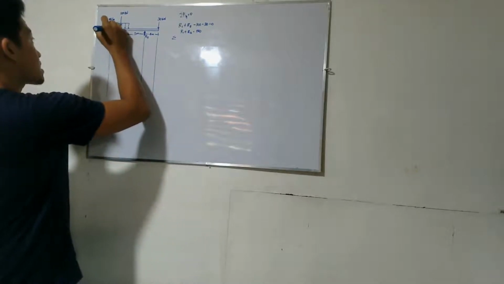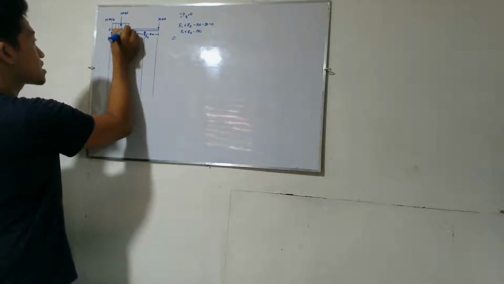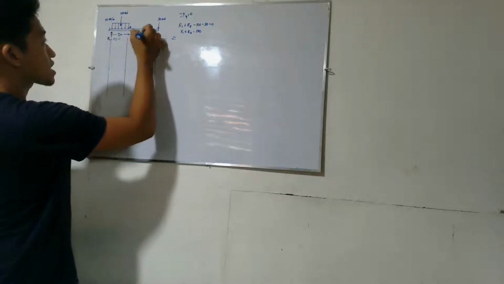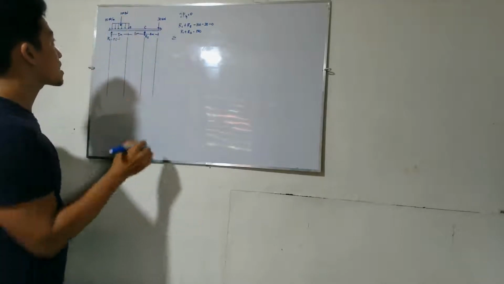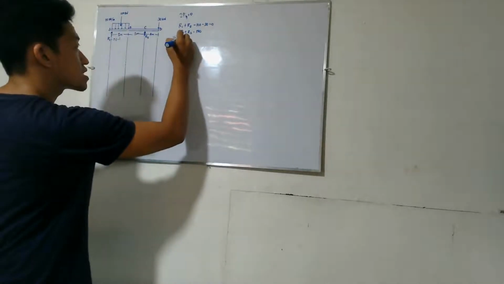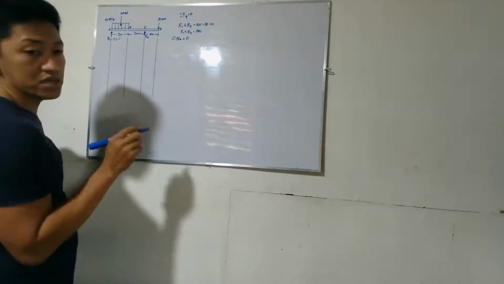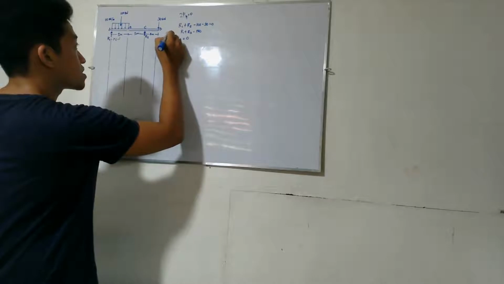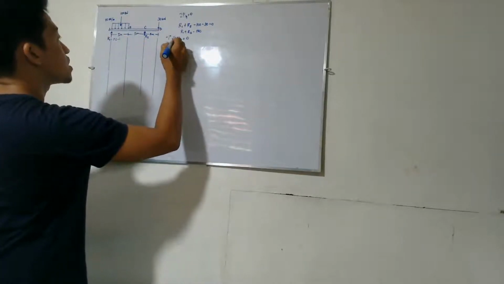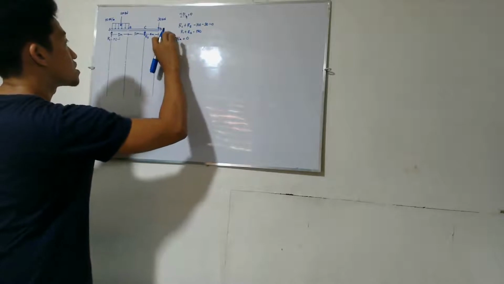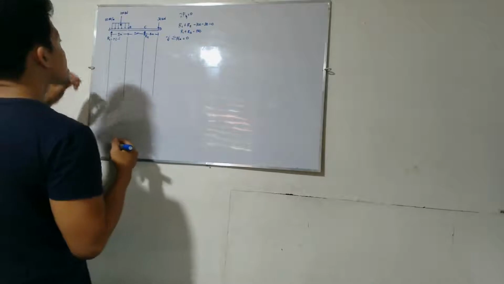So first there is end A, point A, then a change at B, and then the reactions there, so this is point C, point D. Okay, summation of moment, you can take it at A or at D, equal to 0. Counterclockwise positive, though it can be clockwise or counterclockwise.